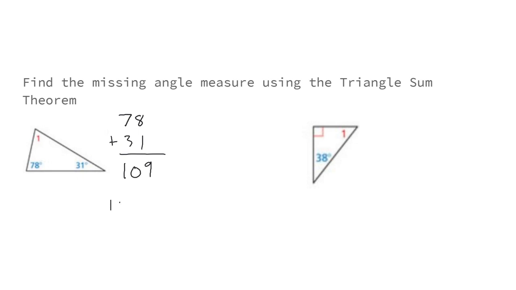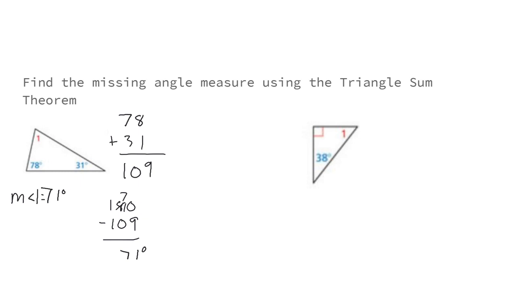Subtracting this from 180 brings this to 71 degrees. So the measure of angle 1 has to be 71 degrees. Let me put an equal sign in there. A little bit sloppy.